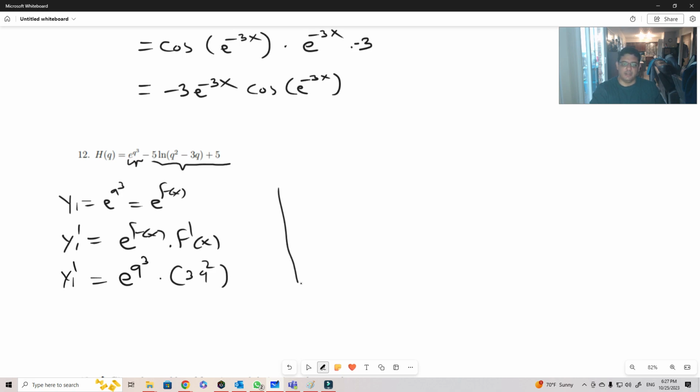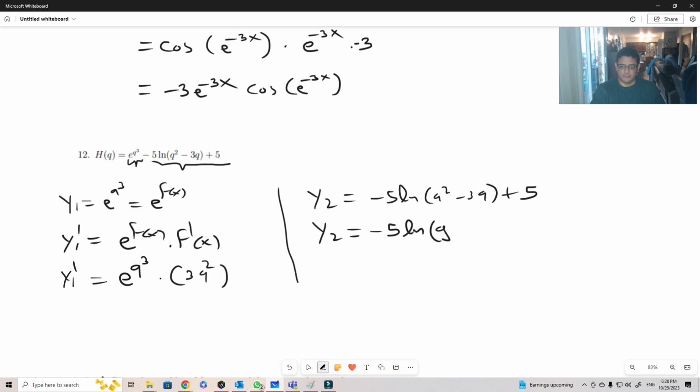On the other hand, if I have that y2 is minus 5 log of q squared minus 3q plus 5, then I can see this, and notice that I'm not changing anything yet, as minus 5 the log of a certain function g of x plus 5.